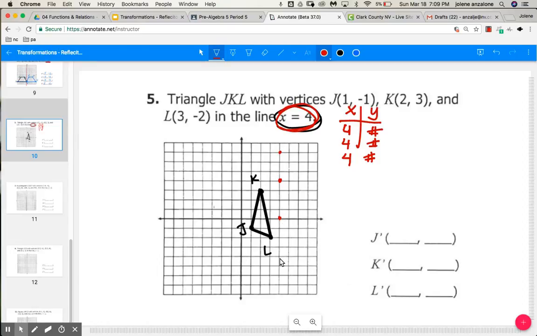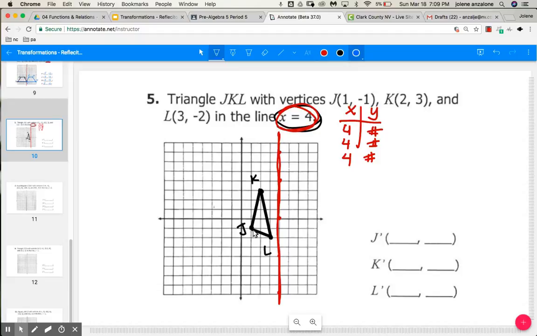If y was -4, x would be 4. If y was -8, x would be 4. And so what you end up with is a vertical line at x equals 4. And that's our line of reflection.